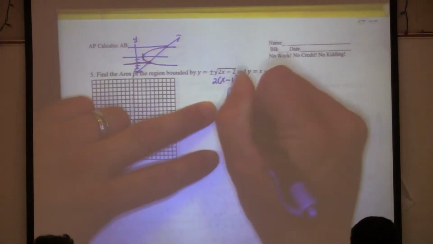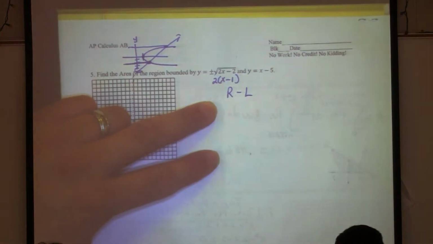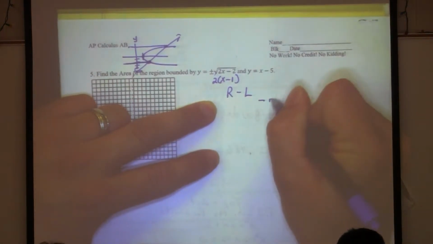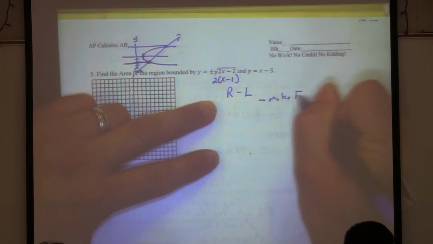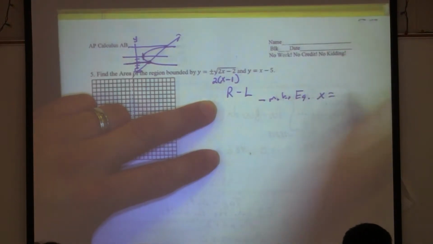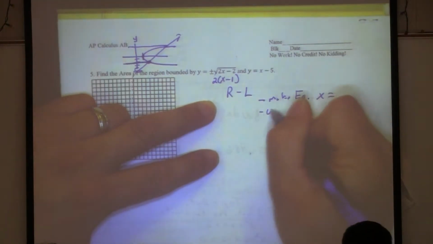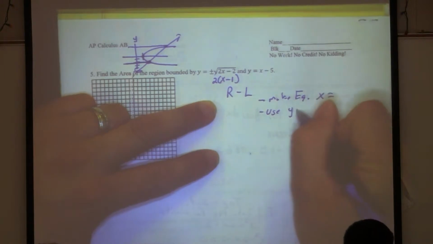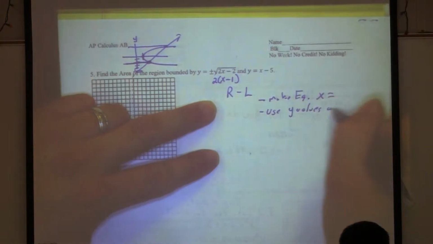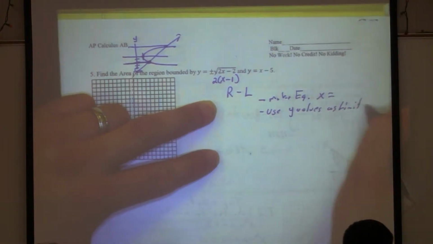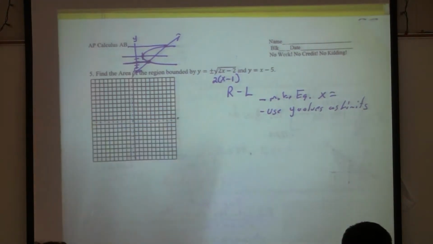So this is going to be a right minus left problem. So a couple of things to remember. Make equations x equals and use y values as limits.